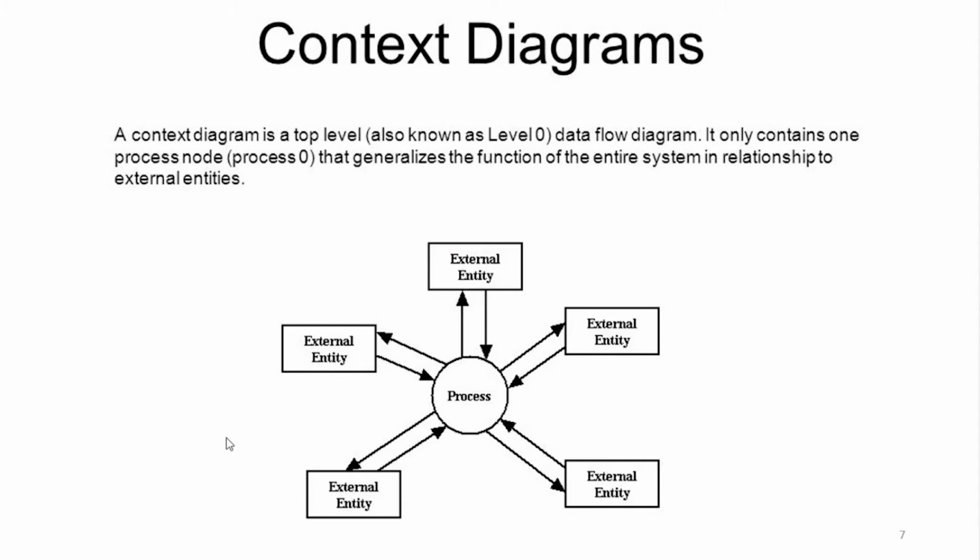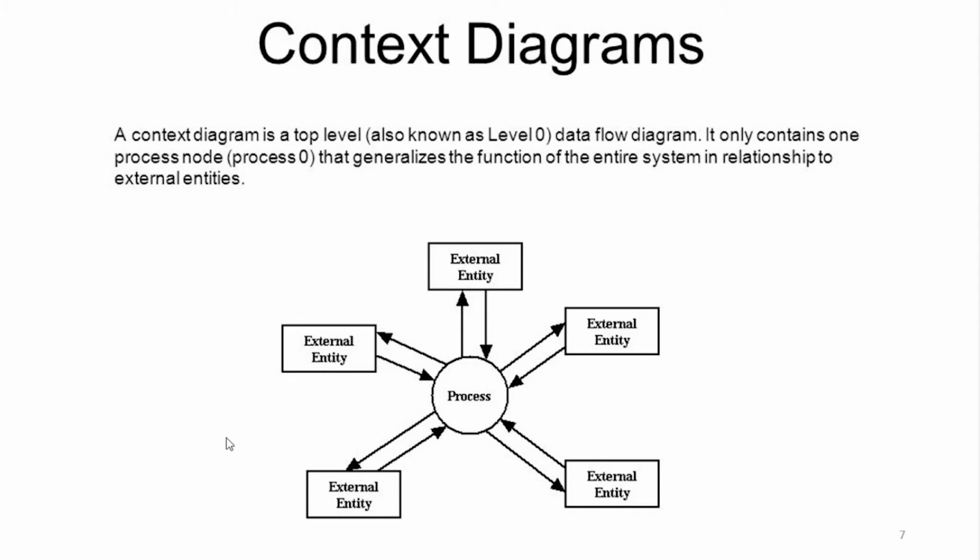There are various external entities with which your system is interacting, and whatever data flow occurs between the system and those external entities is represented in this level 0 diagram, right?